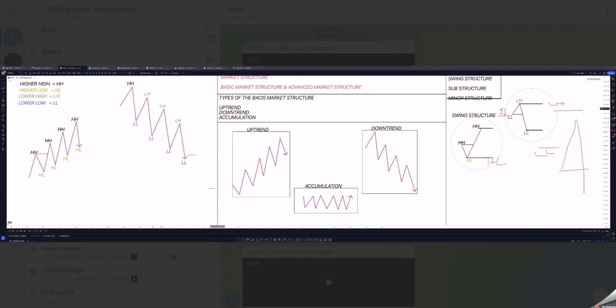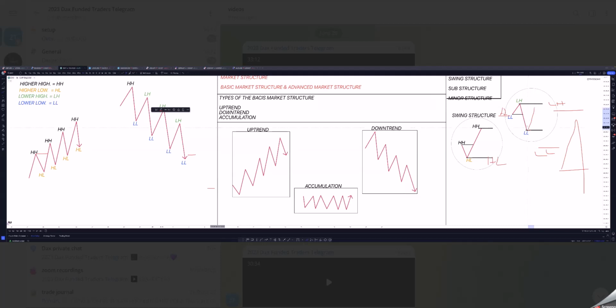All right, so now we already understand that this is our swing structure for the sell. Now we expect price to retrace back, right, into this lower high. Now this retracement is simply called the substructure.